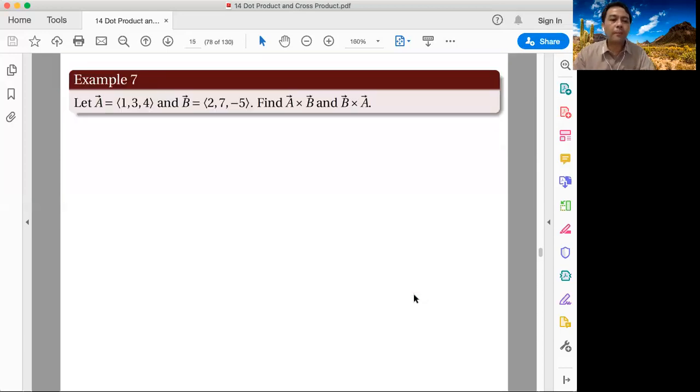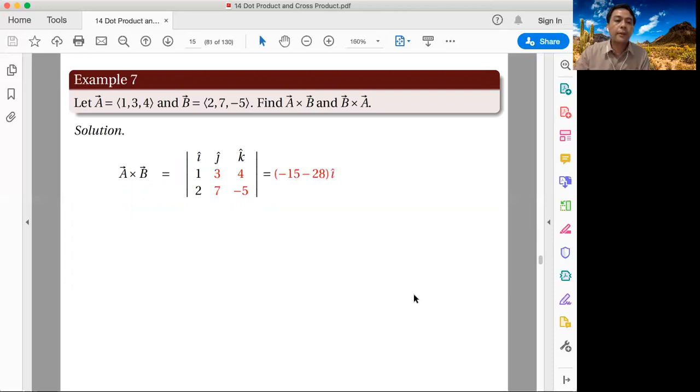So for example, let this be our two vectors A and B. So the cross product of A and B, what we do is we can set up this expression here. So for the first component, we cover the first column, and then we deal with the second and third columns. We get the products, 3 times negative 5 minus 7 times 4.